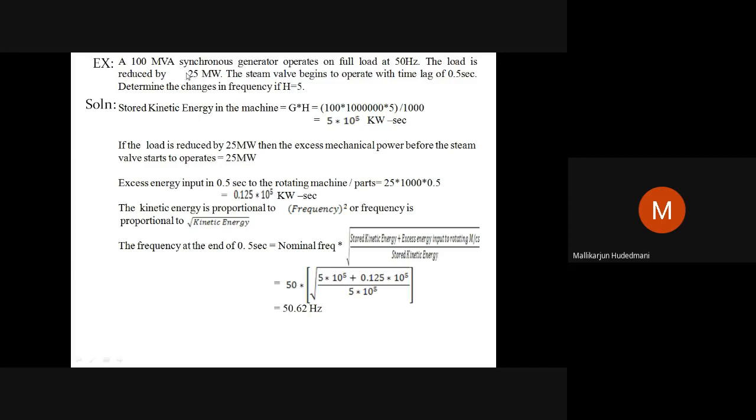A 100 MVA synchronous generator operating on full load, delivering certain power. Let's say full load, because full load is the keyword, 100 MVA. Suddenly, load is decreased by 25 megawatt. What would happen till the valves start closing the fuel to decrease the generation? Some time is required for that.